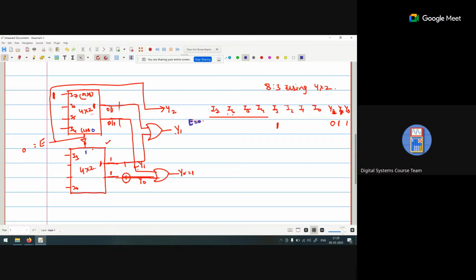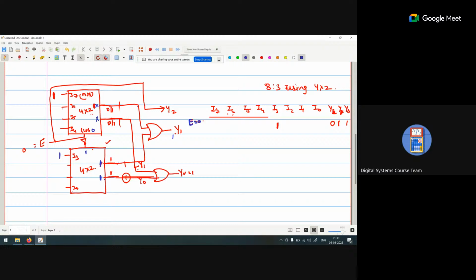Now, if I connect I3 as 1, with respect to the decoder definition, due to this I3, both particular points will be 1. Any doubt? Now, if this is 1 and the upper ones are don't care conditions, 1 ORing with the don't care condition becomes 1, because if any of the inputs is 1, the output is 1 in our case.